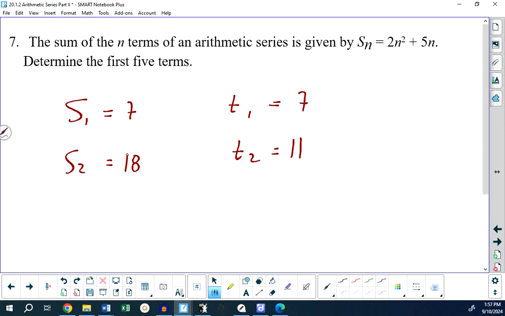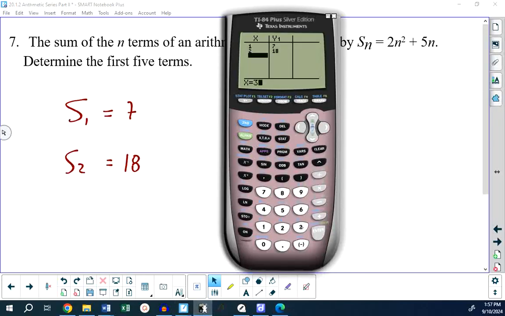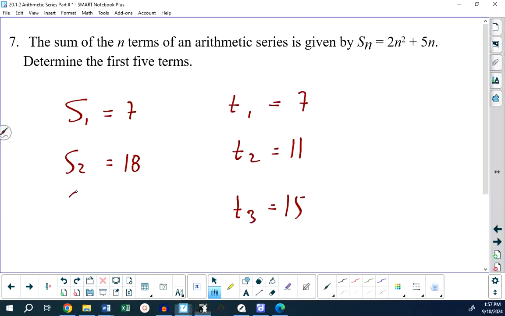If this is arithmetic, we've established that the common difference is 4. Right? So if it is arithmetic, and it will be, the third term better be 15 because it's going up by 4 each time. Well, let's find S3. S3 is 33.